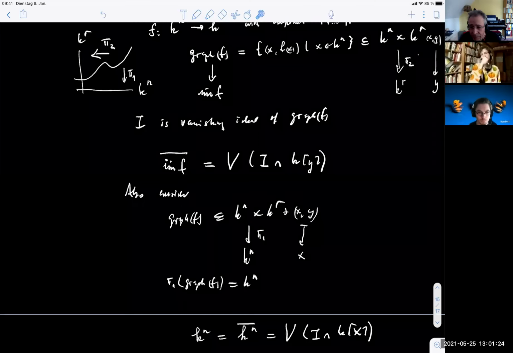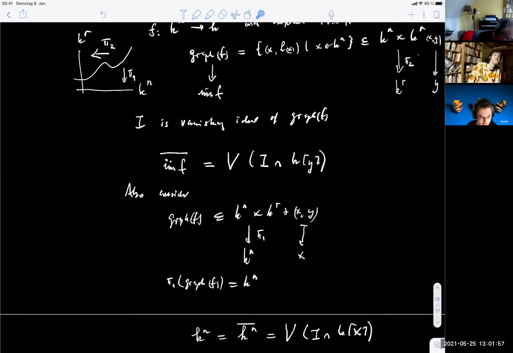Can you maybe explain? I don't see why this Zariski closure of the image is that. Where are you exactly? You mean the Zariski closure of the image is the zero set of exactly that, because of why?